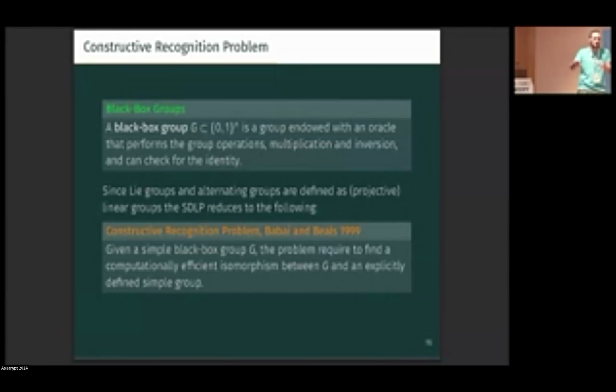That for us essentially means computing a linear representation of this simple group. That would immediately imply, with the previous result on linear groups, that we can solve the semi-direct discrete logarithm. In the paper, we go into more detail with all the commutative diagrams that you need to use, but they are pretty straightforward.